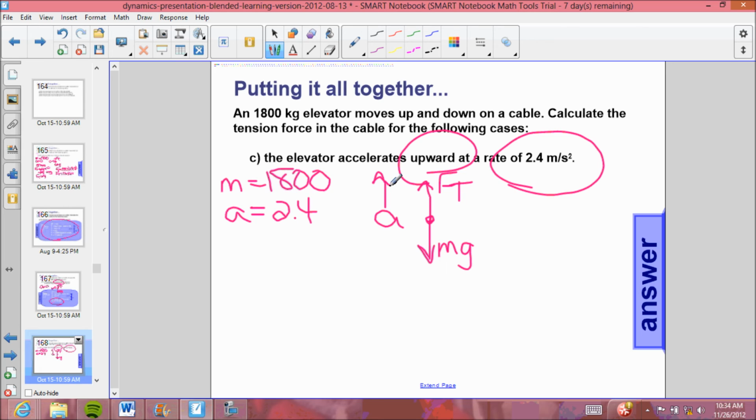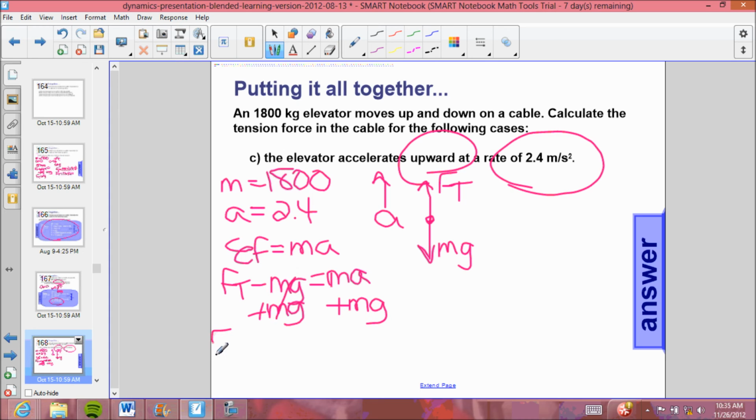So now we would set up sigma F equals ma. Our sigma F is that tension minus mg equals ma, because it's positive, we don't have to change it. And now we just have to move mg to the other side. Ft equals ma plus mg, and plug our numbers in.